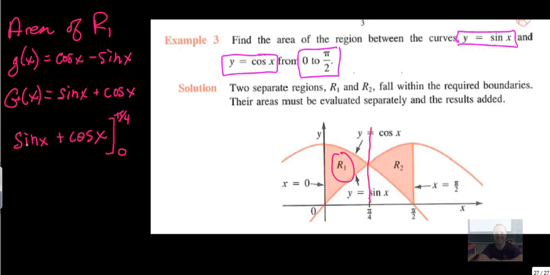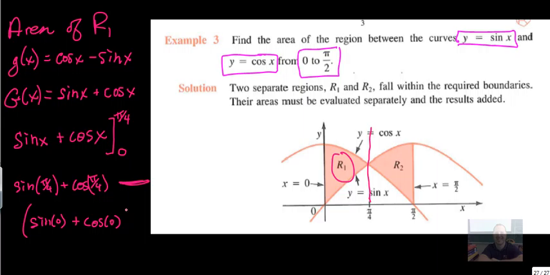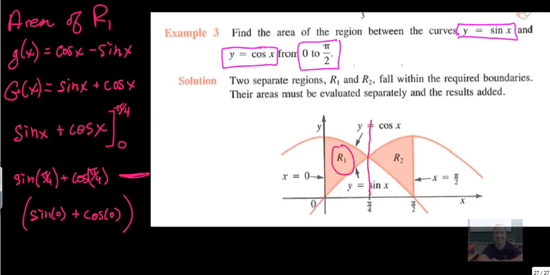So to find the area between 0 and pi over 4, you're going to do sine of pi over 4 plus cos of pi over 4, minus sine of 0 plus cos of 0. That's what this actually means. It's an evaluation with this difference. You're finding the area under the curve.